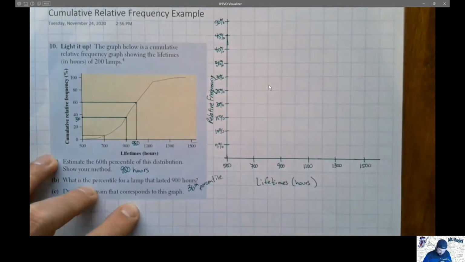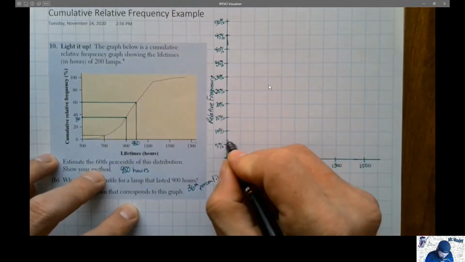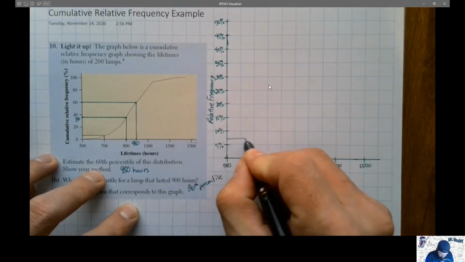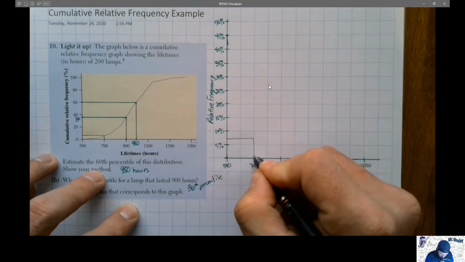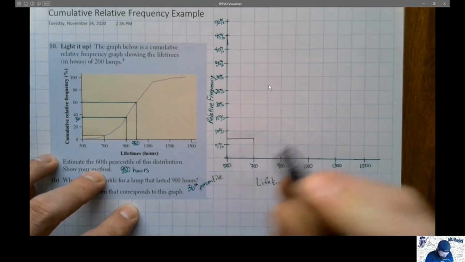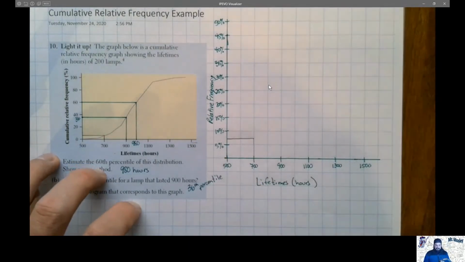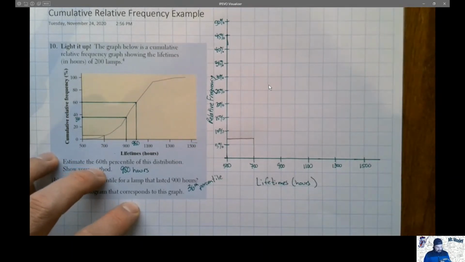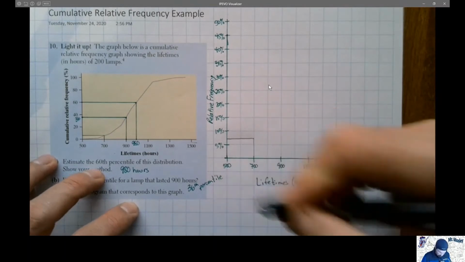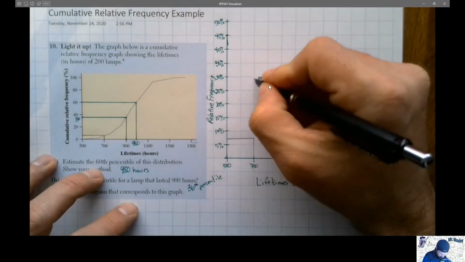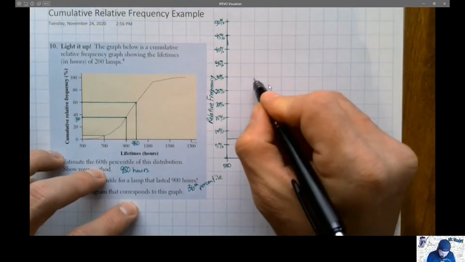We'll call this like 7%. So again, we'll go like right here, and draw. Then from 7 to 900, we already have 36. The difference between 7 and 36 is 29. So this next one covers 29%. So we're going to go just before 30%.